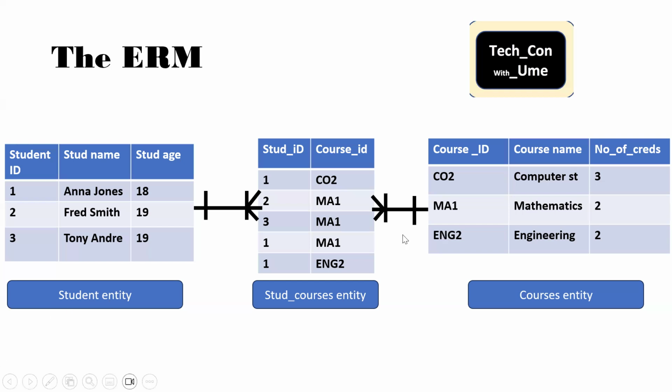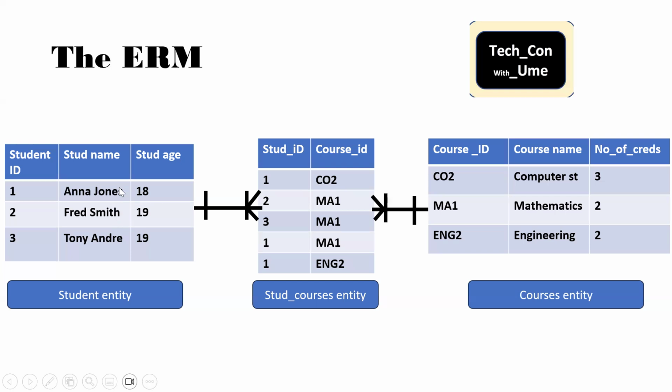Take this example here, where student courses holds information about student IDs and the corresponding courses that they are taking. Where we need to make changes to particular information in the student table, we will do that just once, noting that any replications are held in the student courses table.